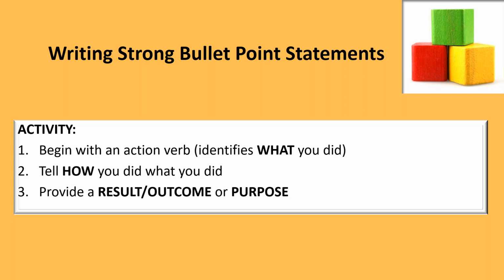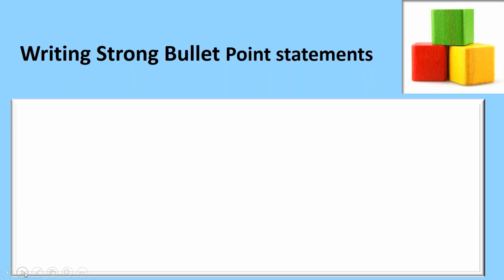And when you can quantify results or outcomes, that's great too. So this is just an activity to really guide you as you look at maybe your current CV and think about how to craft each of your bullet point statements. Let's look at an example.